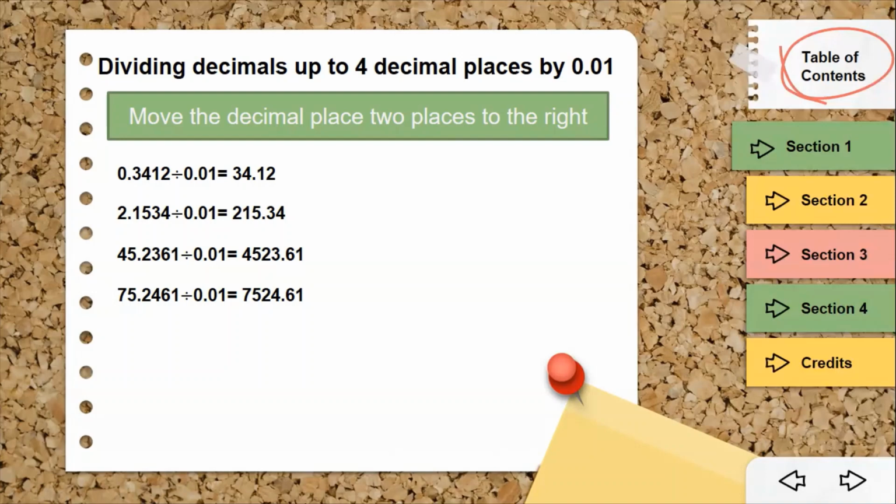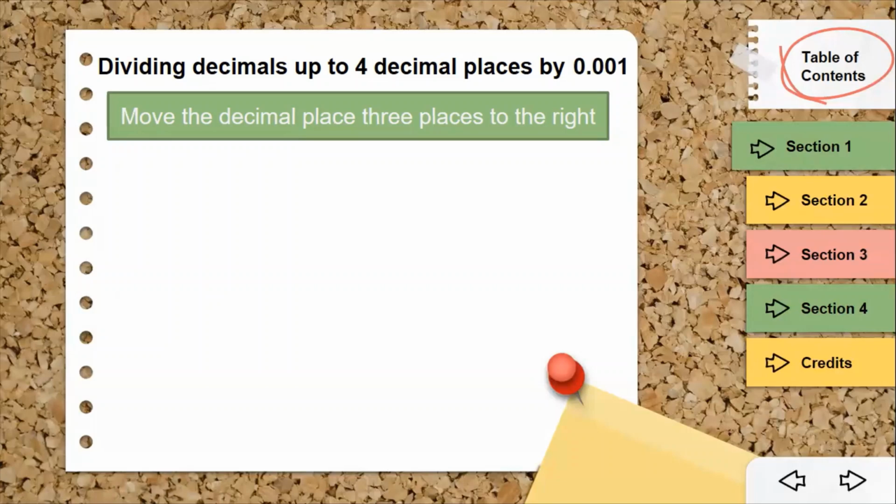When we divide decimals by 1/100, just move 2 places to the right. Move our decimal point 2 places to the right. And for our last lesson for this day, how to divide decimals up to 4 decimal places by 1/1000.